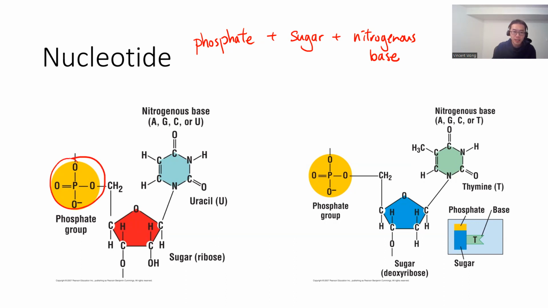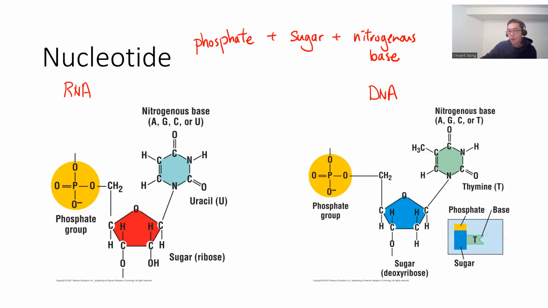So we see the phosphate here, we see the sugar here, and then we have the nitrogenous base. Now this here on the left side is an RNA nucleotide, whereas on the right side, it is a DNA nucleotide.